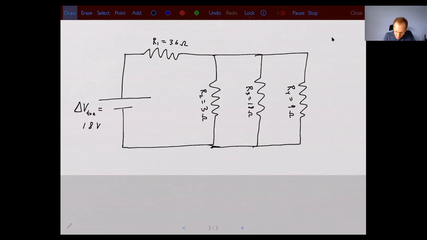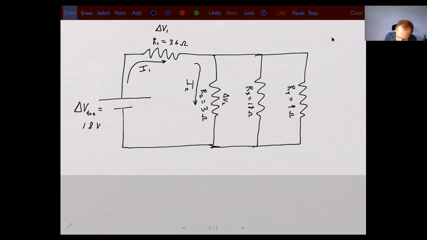So the current going through the first resistor is going to be I1. And by the way, that's also I total, right? Because that's the same current that would go through the battery. The voltage drop across that resistor will be delta V1. Then the current going through the second resistor is going to be I2, and the voltage drop across it will be delta V2.